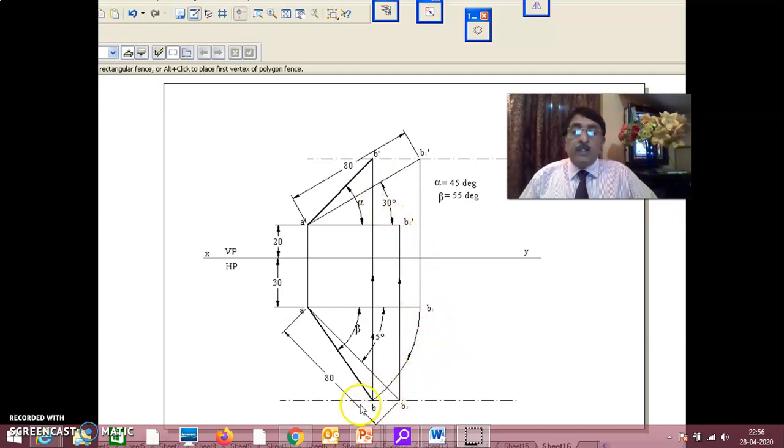Now I tell you the significance of the locus in the top view. As long as the inclination of 45 degrees to VP is constant, whatever may be the inclination with respect to HP, the end B should lie on this locus. That is the significance of the locus in the top view.